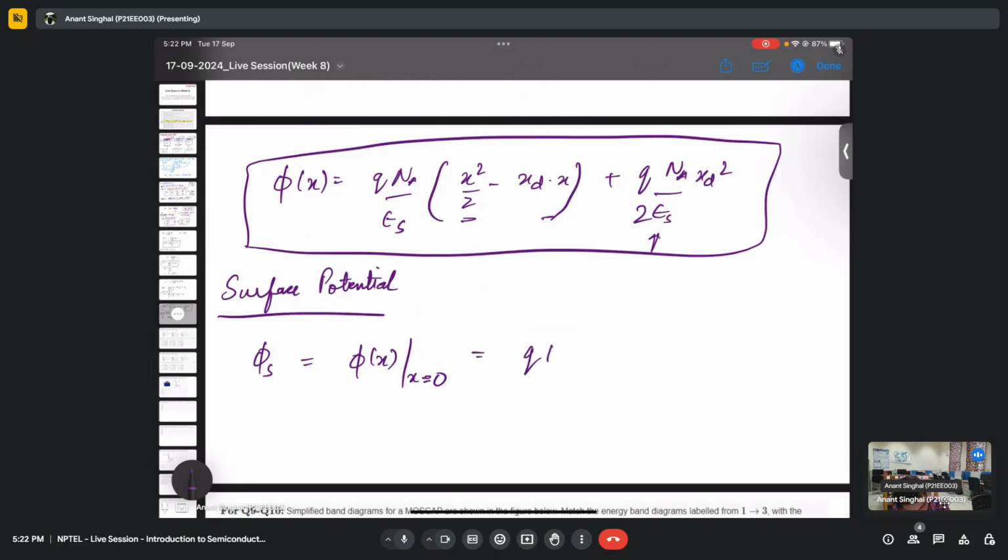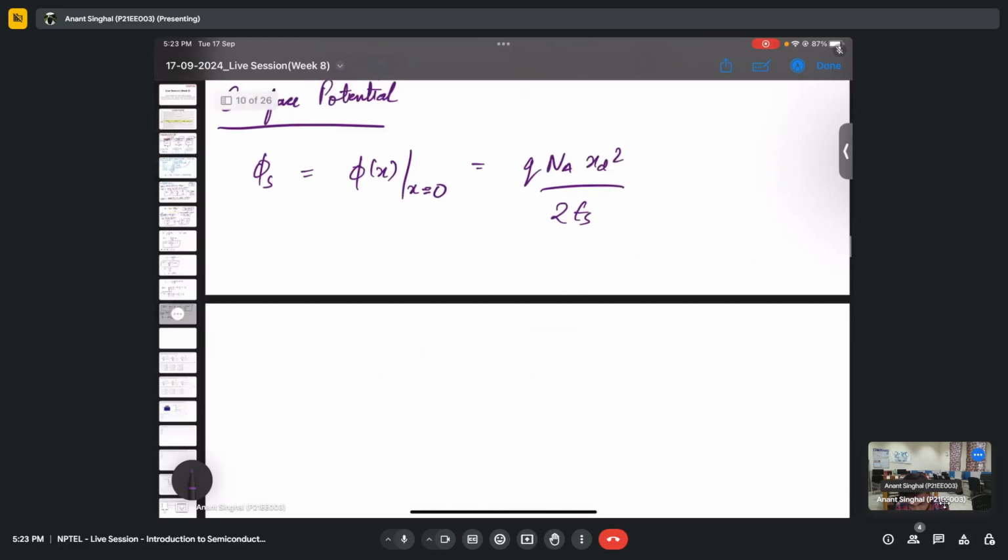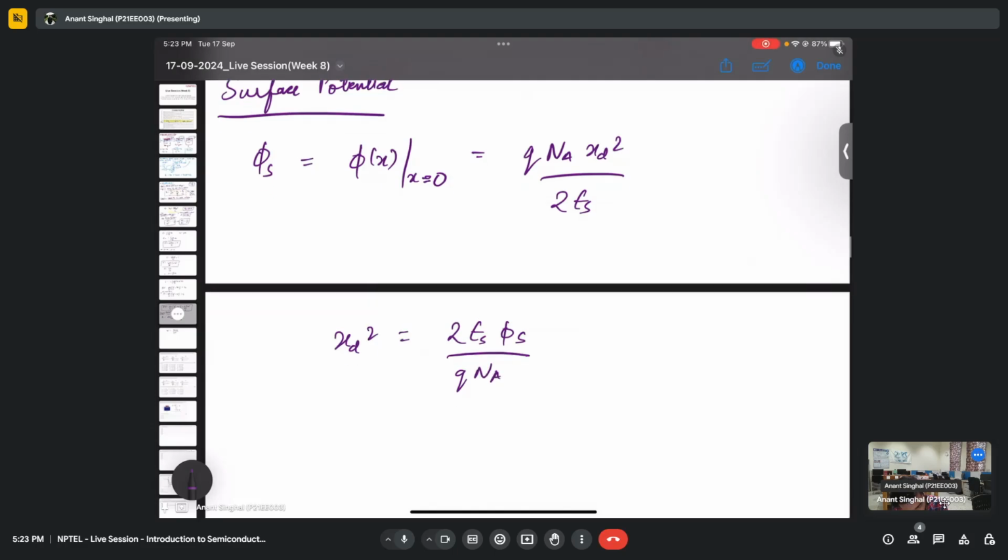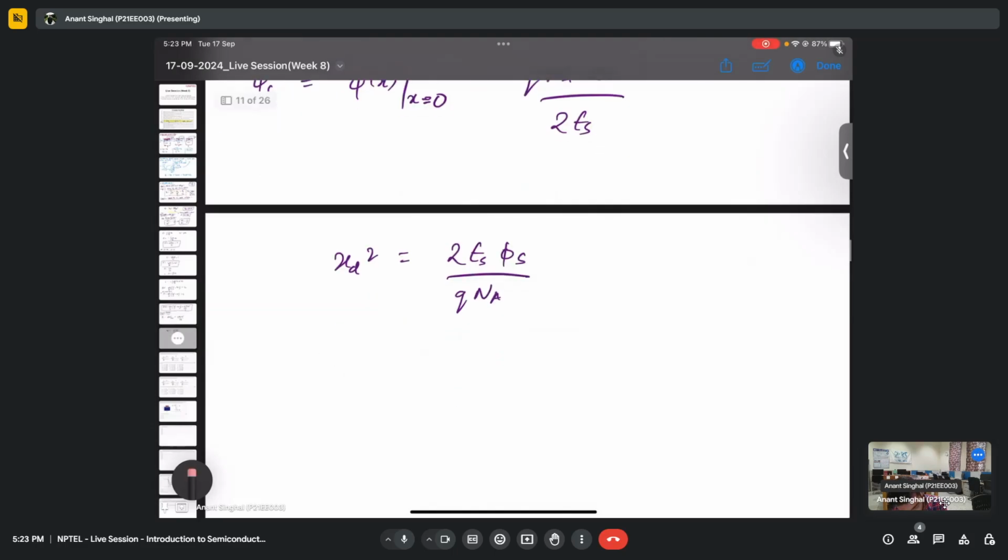So the surface potential is q n a xd square by 2 epsilon s. From this, xd square will be 2 epsilon s psi s by q n a, and xd is the square root of 2 epsilon s psi s by q n a.